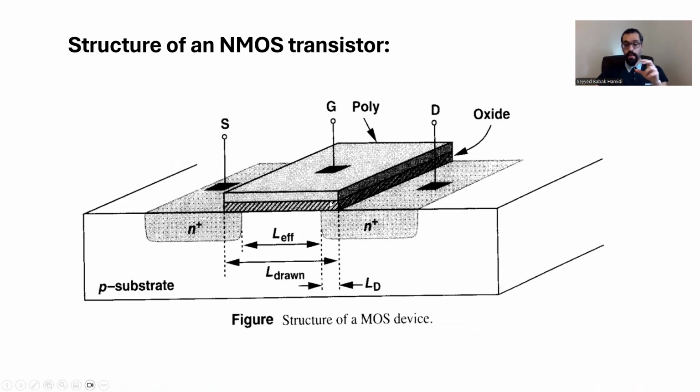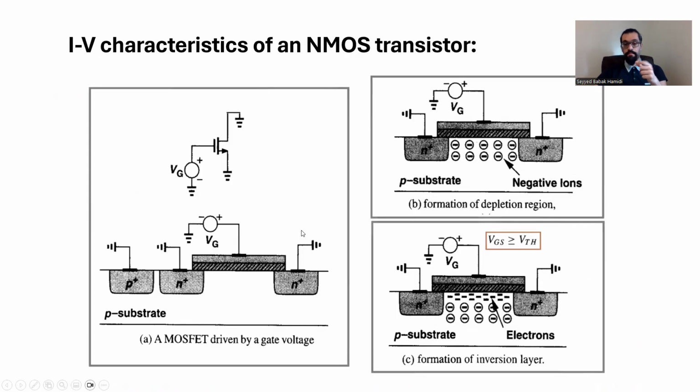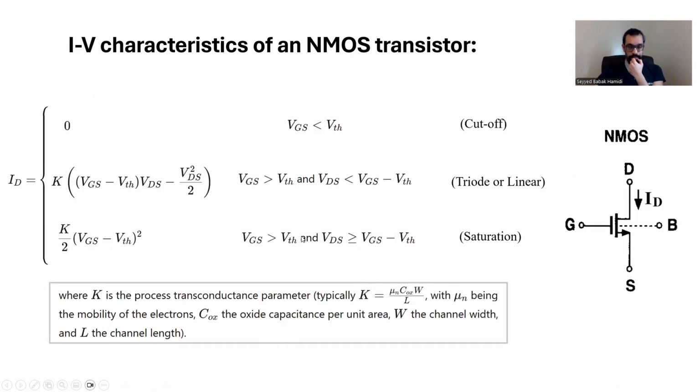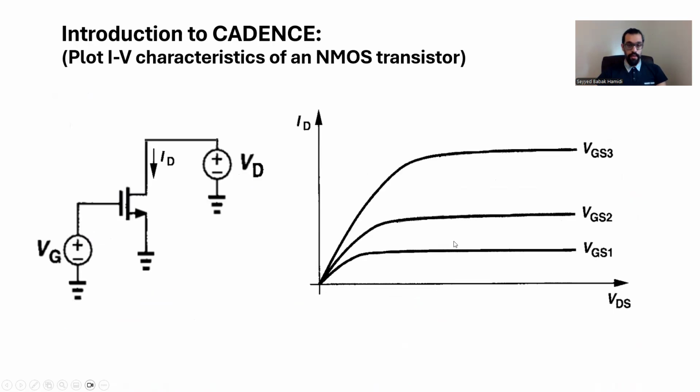And because this oxide is silicon, that coefficient is based on the silicon substrate. By knowing these numbers, we will have K as a coefficient, and depending on the DC bias that our transistor is biased in, we will know if our transistor is in cutoff, in the triode or linear region, or in saturation.